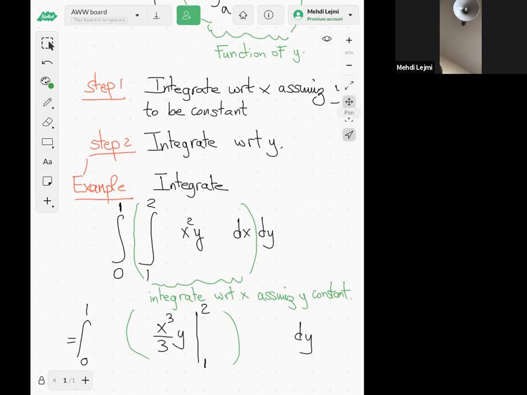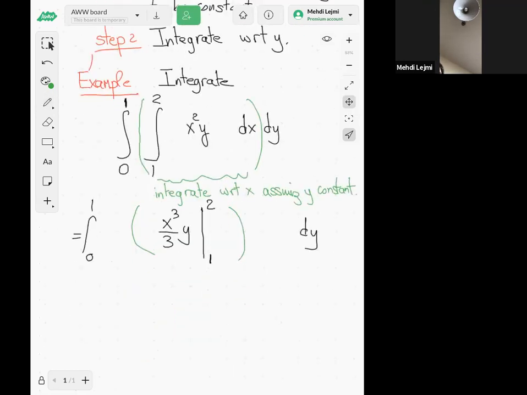So this is the integral from 0 to 1, this is my dy. Here's my parentheses, and then you substitute x with 2. That will be 2 cubed over 3 y, minus, and then you substitute x with 1, so it's 1 cubed over 3 y.